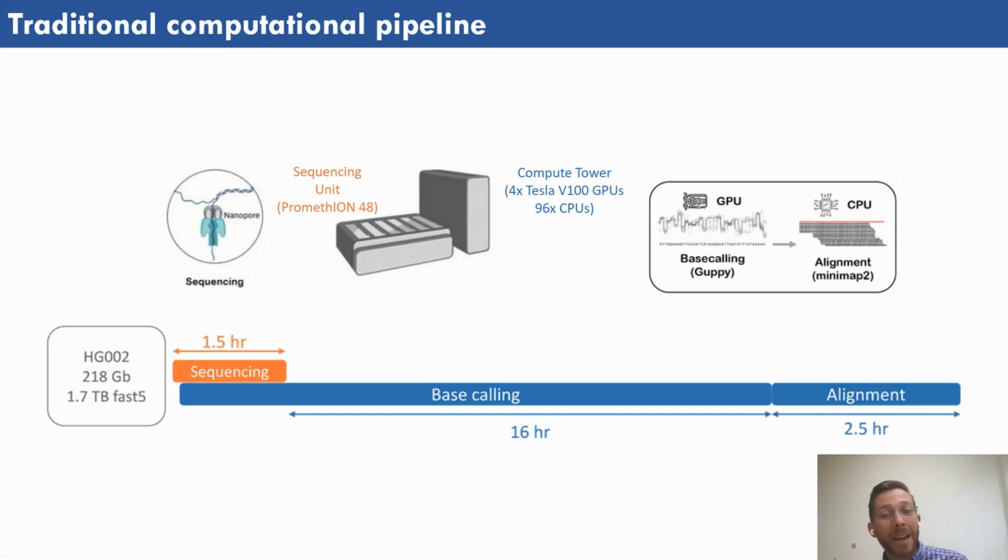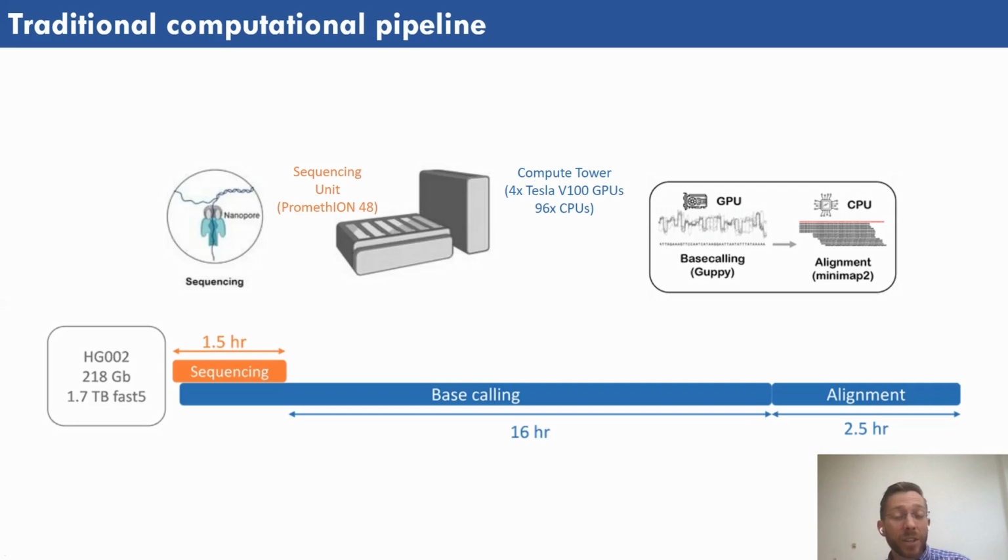And then on top of that, aligning those sequences to the reference human genome would take another 2.5 hours. So if we sequence for an hour and a half, we're looking at 19, 20, 21 hours in order to get this sequence to the alignment stage.